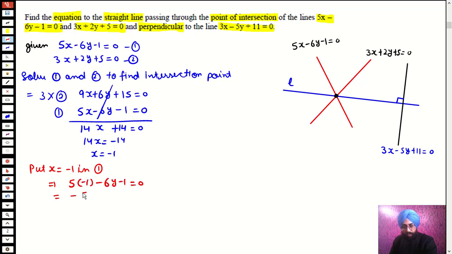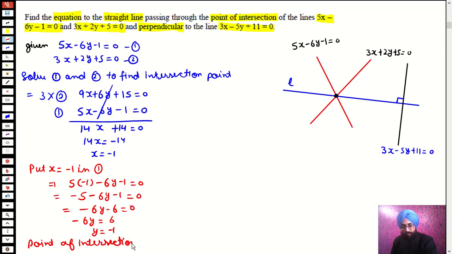So -6y - 6 = 0, -6y = 6, y = -1. So the point of intersection is (-1, -1).